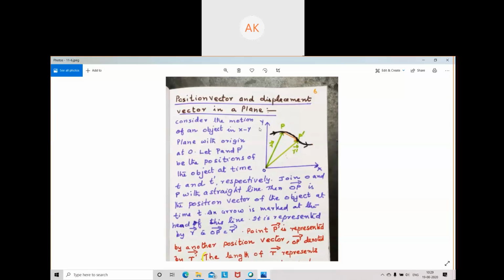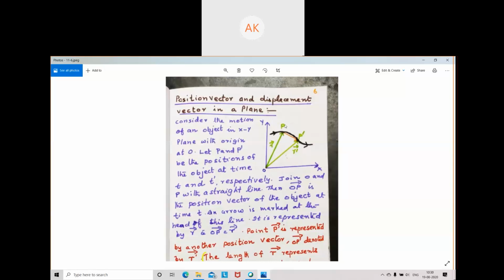From the origin, you draw a straight line to the point P. Then put an arrow mark, and that will represent the position vector, vector OP. Usually the position vector is denoted with the small letter r. So at a time t, the body is at P and its position vector is represented by vector r. Okay?